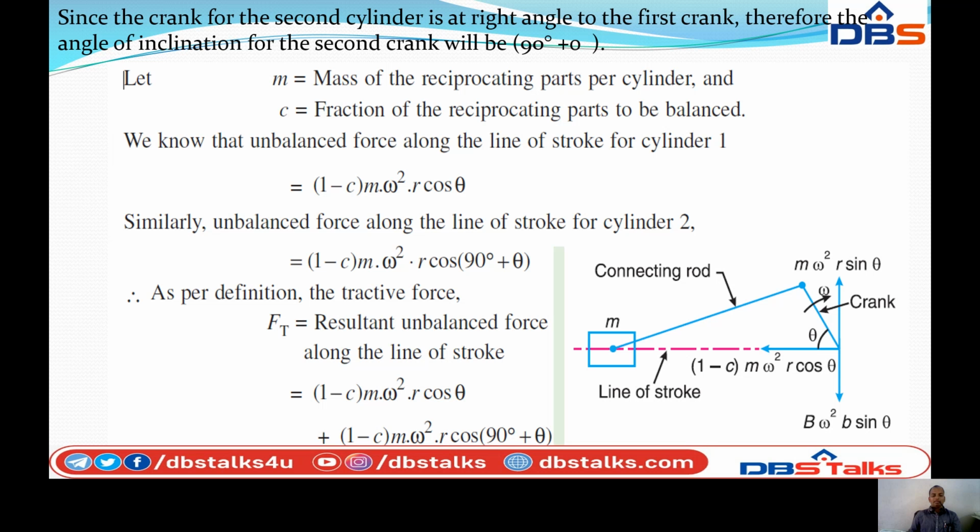So we add them: (1 minus c) m omega square r cos theta plus (1 minus c) m omega square r cos of (90 plus theta). Cos of (90 plus theta) is minus sin theta. So (1 minus c) m omega square r into (cos theta minus sin theta). That is the resultant.